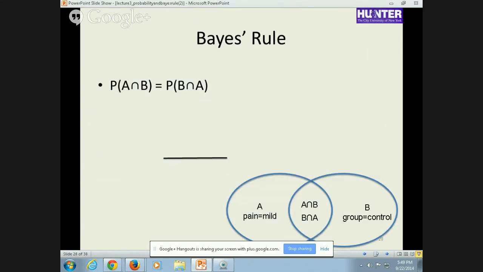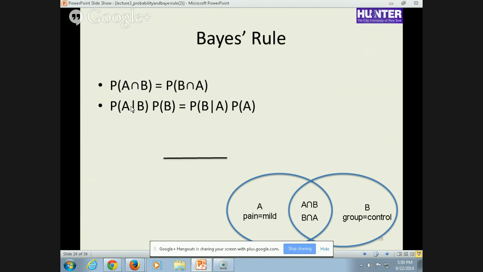Which brings us to Bayes' rule. It's a really simple derivation, actually, and it comes from the symmetry of the intersection. The probability of A and B is the same thing as the probability of B and A. It doesn't matter in which order you write those down. From the equation for conditional probability that I showed you on the last page, you can write these two things as follows.